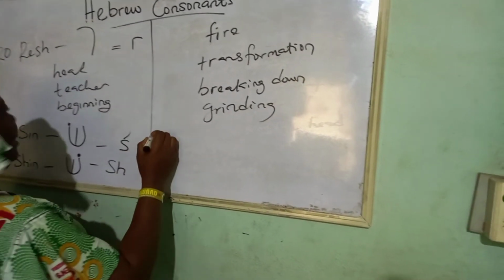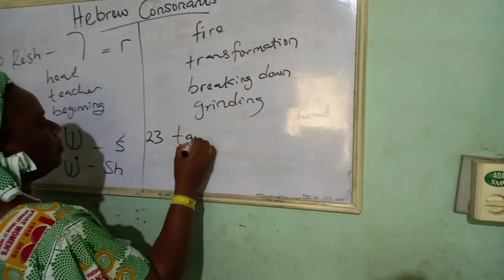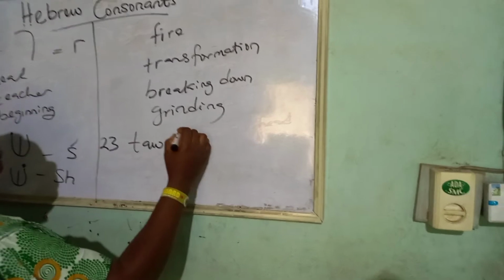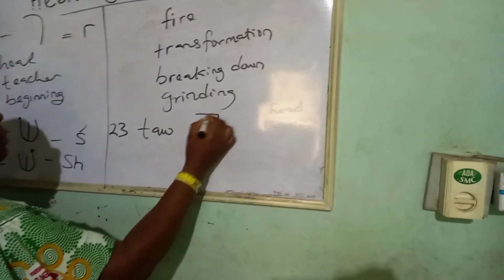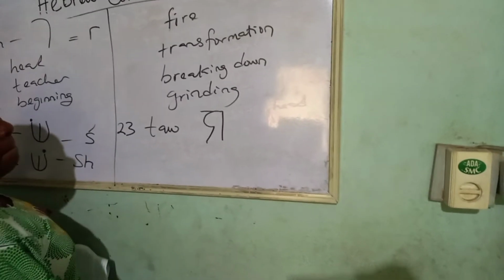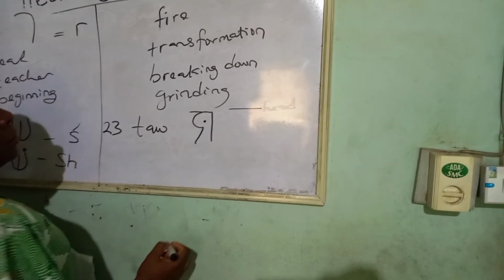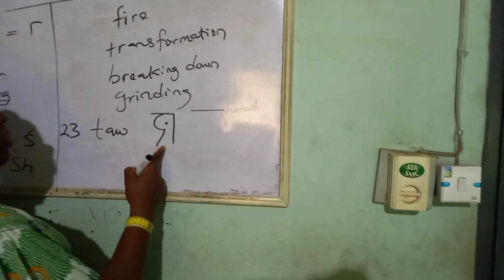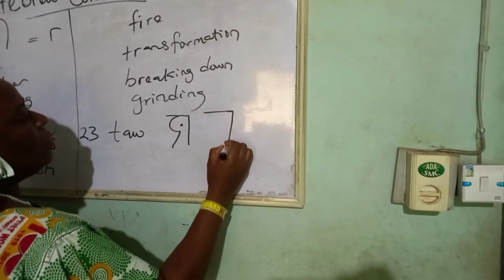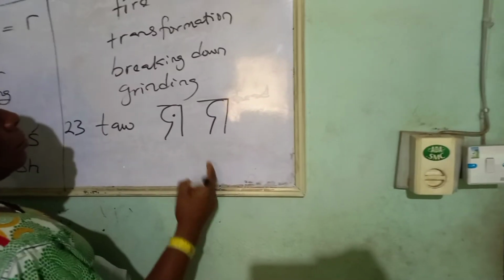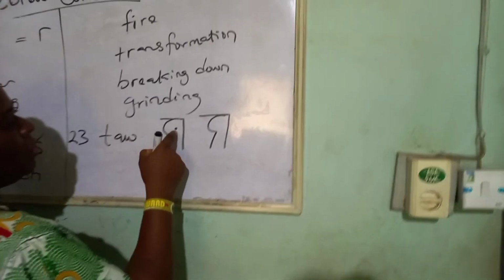The last letter, which is the 23rd one, is called Tau. It's written in Hebrew as if you are writing an inverted capital letter R. It can have a dot when it's beginning a word or a syllable, and when it is ending a word or a syllable, it will be written without this dot.